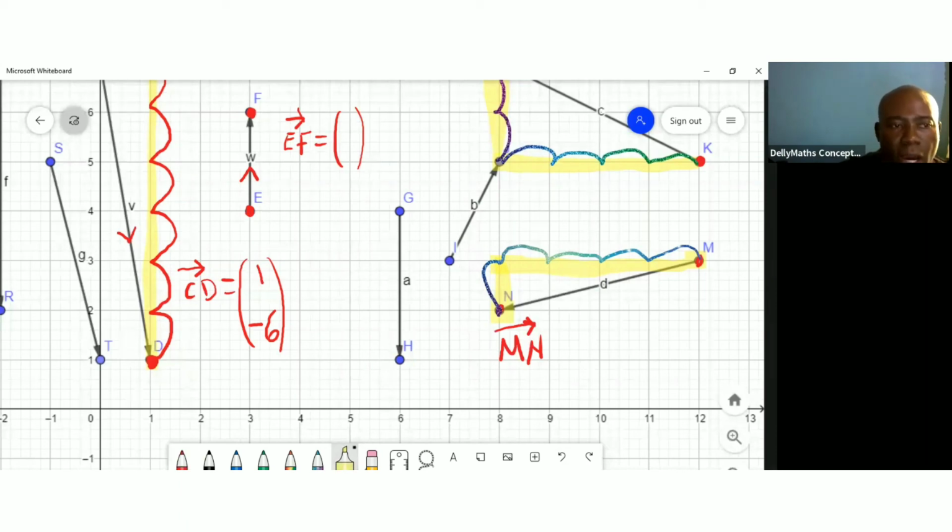But if you check, we're not going to go to the right or to the left because we are already lined up underneath F. So without moving to the right or to the left, we just walk straight up to F. How many units? 1, 2. The top number is a 0 because we did not move to the left or to the right. And the bottom number is +2 because we went upwards.